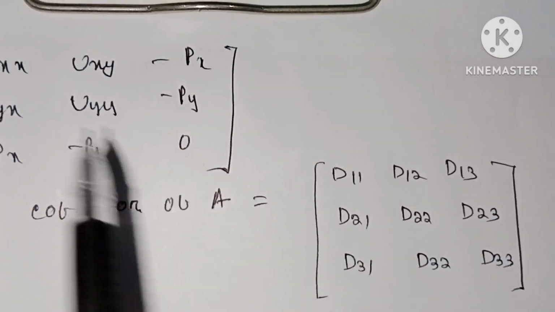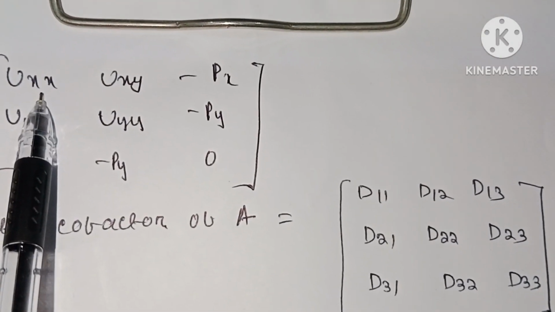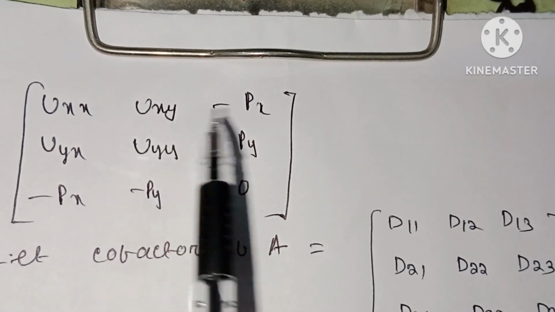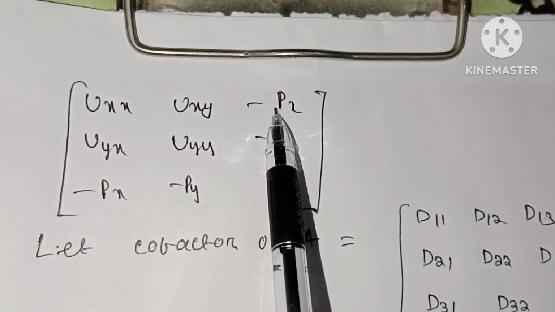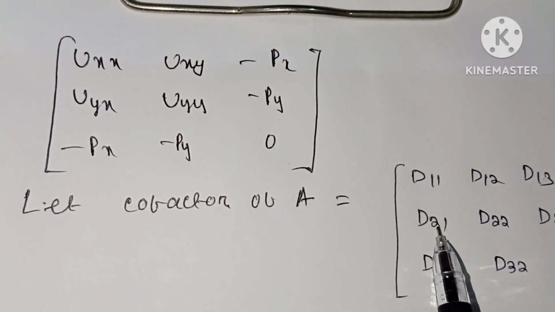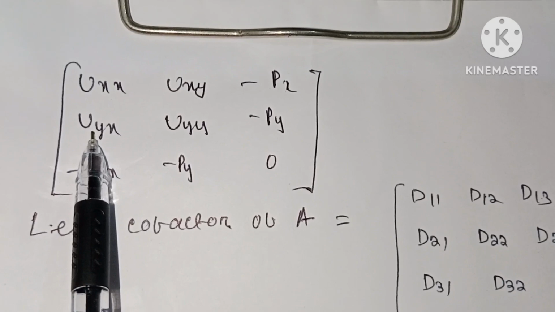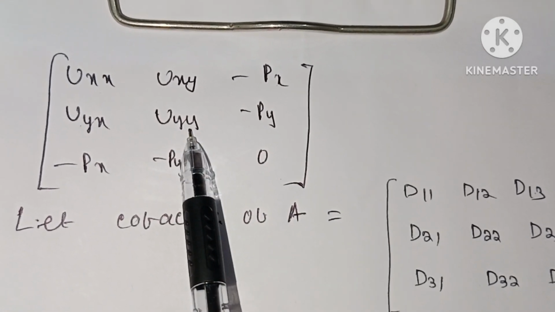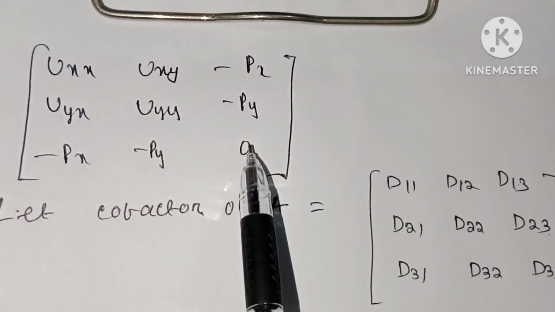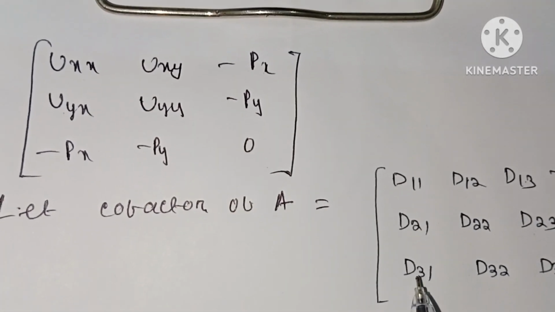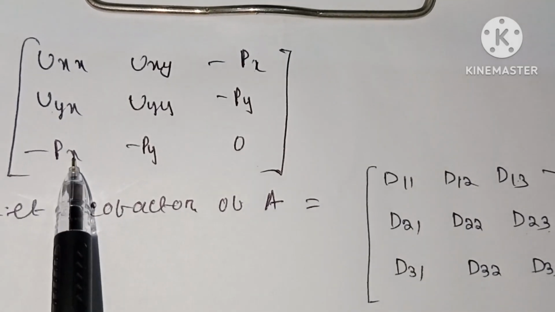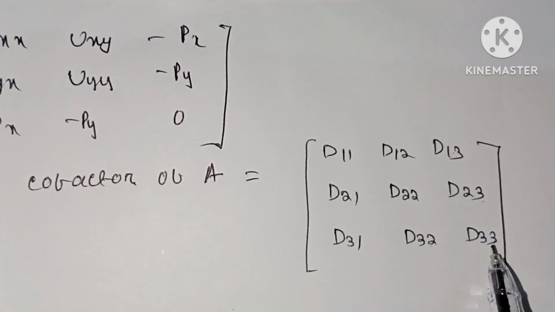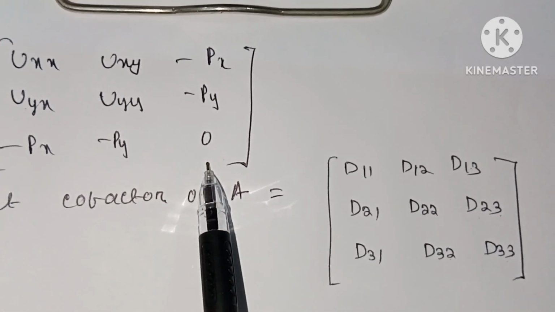D11 is the cofactor of uxx, D12 is the cofactor of uxy, and D13 is the cofactor of minus px. D21 is the cofactor of uyx, D22 is the cofactor of uyy, and D23 is the cofactor of minus py. D31 is the cofactor of minus px, D32 is the cofactor of minus py, and D33 is the cofactor of 0.